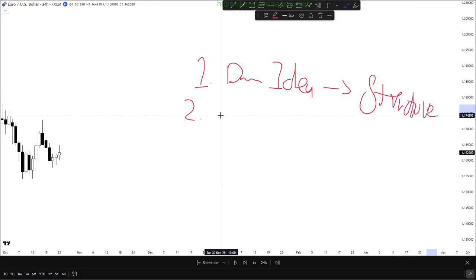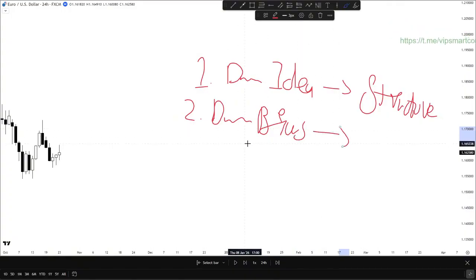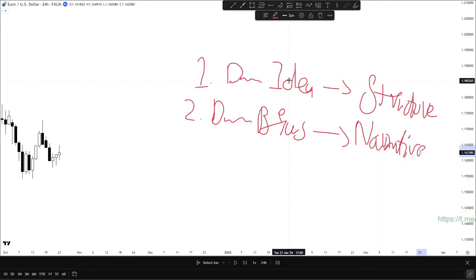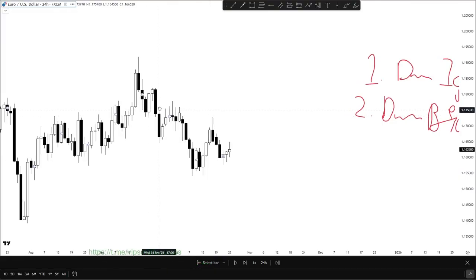And then the second step is building a directional bias from that idea through the concepts within the narrative component. Okay, the first step is building a directional idea, and the next step is to establish a bias from that idea using the concepts within this component. So let's see how I did that.